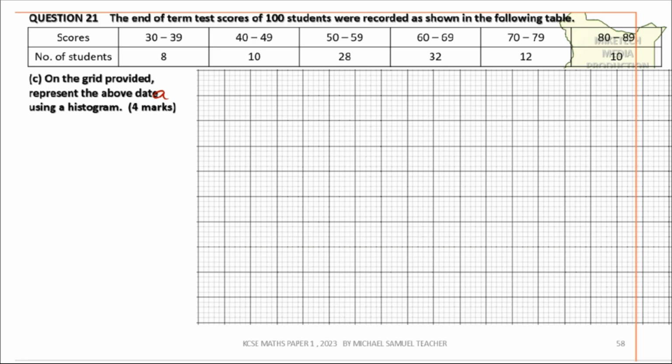For a histogram, we normally plot frequency against the upper class boundary, and for the upper class boundary, in our case here, it will be 39.5, 49.5, 59.5, 69.5, 79.5, then 89.5. And for frequency, we're going to use 8, 10, 28, 32, 12, 10. So the maximum is 32.